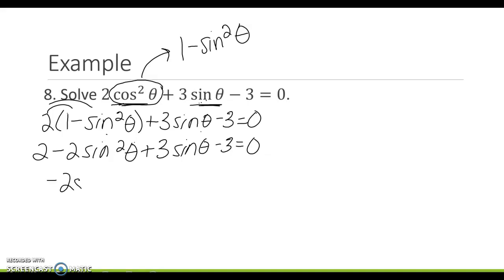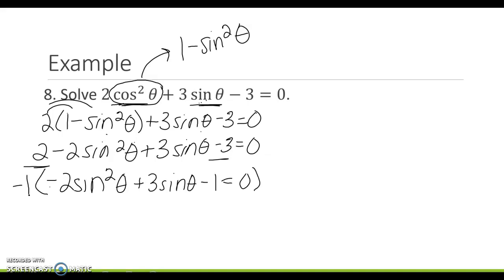So putting the sine squared first, so negative 2 sine squared theta plus 3 sine theta, and then combining my constants here, 2 minus 3 is going to give me a negative 1 equal to 0. I don't want this negative out in front, so I'm just going to multiply everything by a negative 1. So I get 2 sine squared theta minus 3 sine of theta plus 1 equals 0.